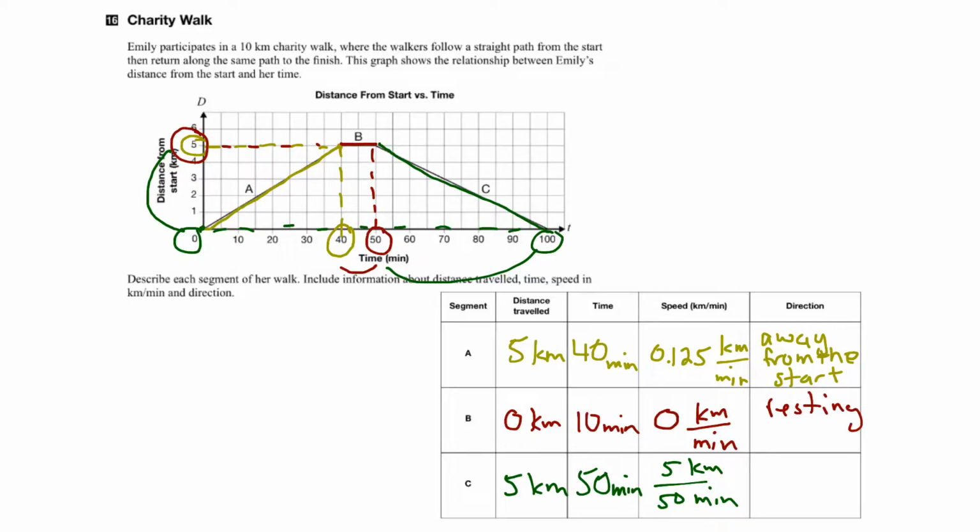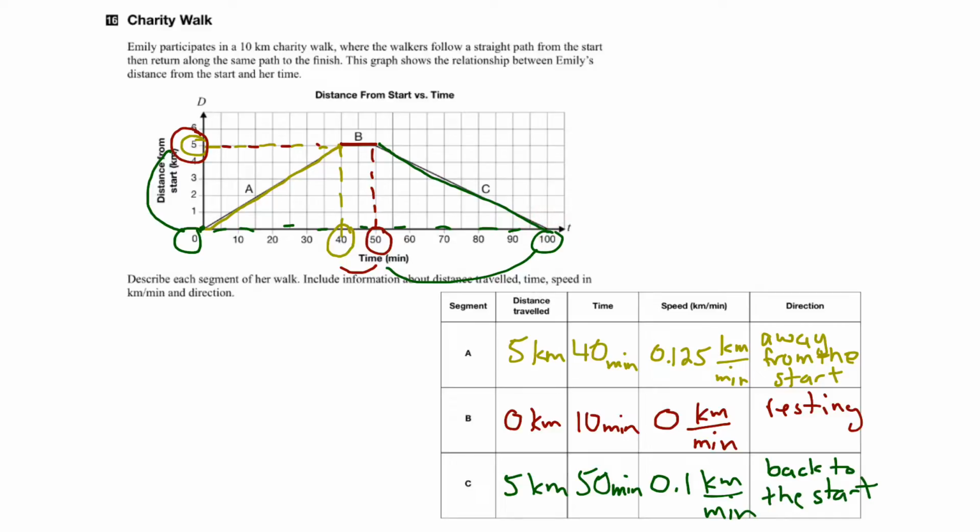Again, I could write it as a fraction. 5 goes into 5 once and goes into 50 10 times, so she's traveling 1 kilometer every 10 minutes, or as a decimal, that would be 1/10 of a kilometer every minute. And then, to determine the direction, well, she started 5 kilometers away from the starting point and then came back to the start.